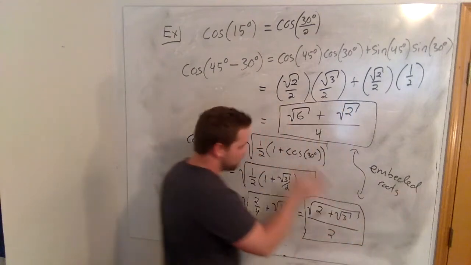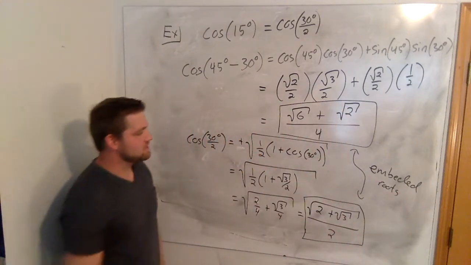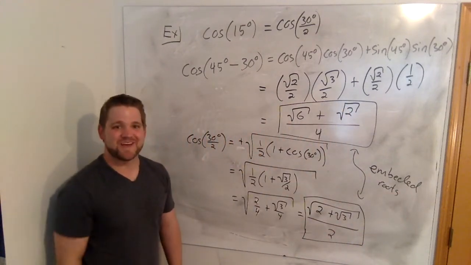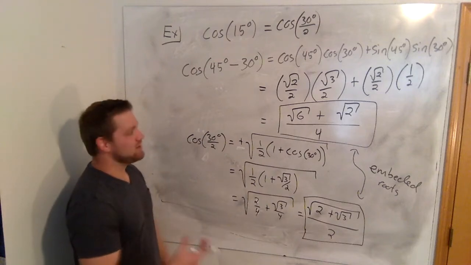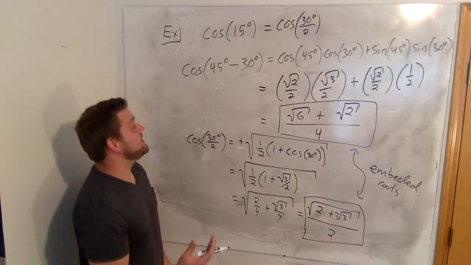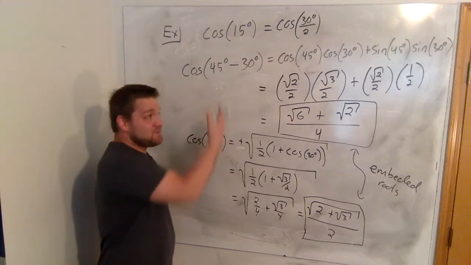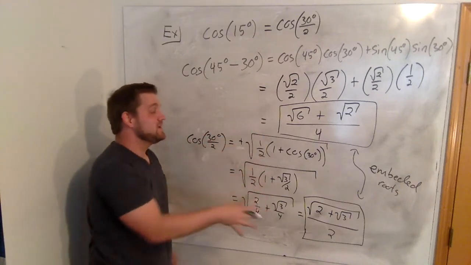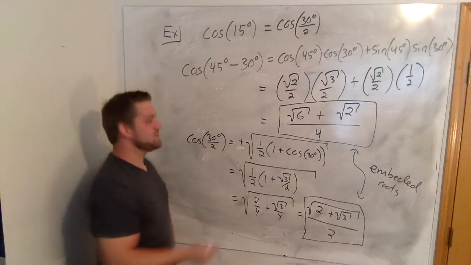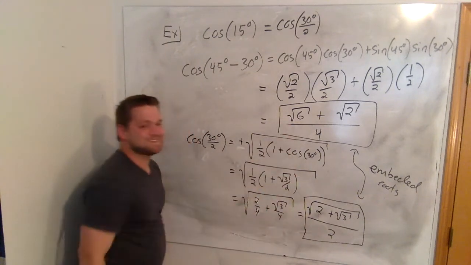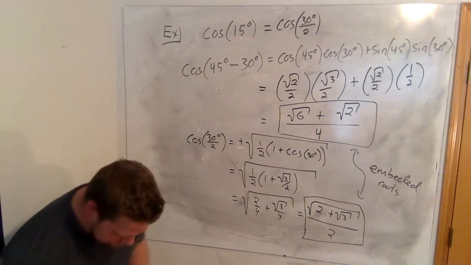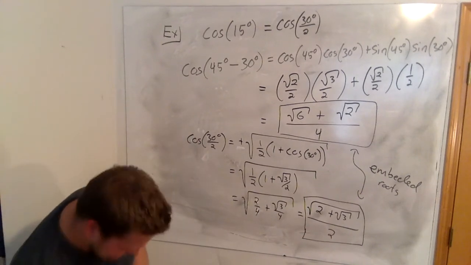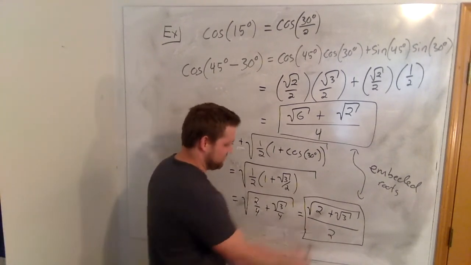There are techniques for reducing or cleaning up things like this, but that's for another day in another video. I just wanted to do this example to show that you could use either of these tricks that we've learned so far. They may look like they're different, but using your calculator, you can verify that these are equivalent. Fun. Specifically, this is the embedded root.